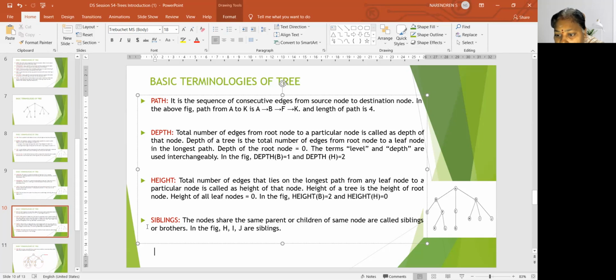Similarly here, E and F are the children having the parent B, so E and F are siblings. Similarly, H, I and J are the siblings, the children of D. D is the parent and H, I, J are siblings, which means it has only one parent, and that particular parent has this many children.